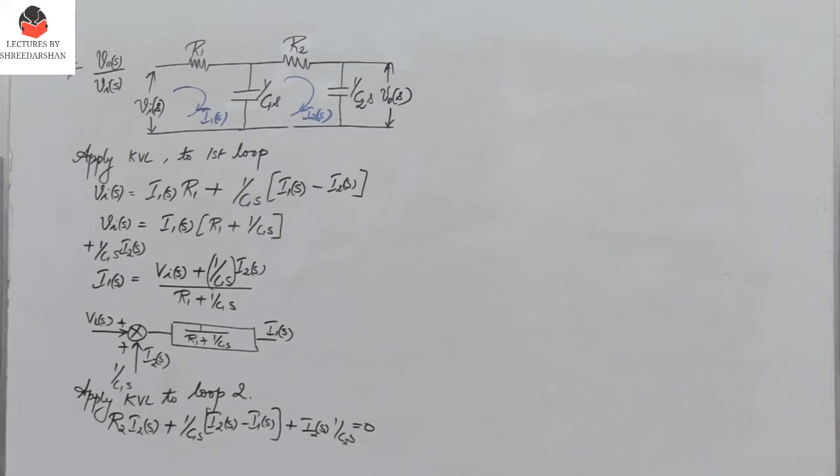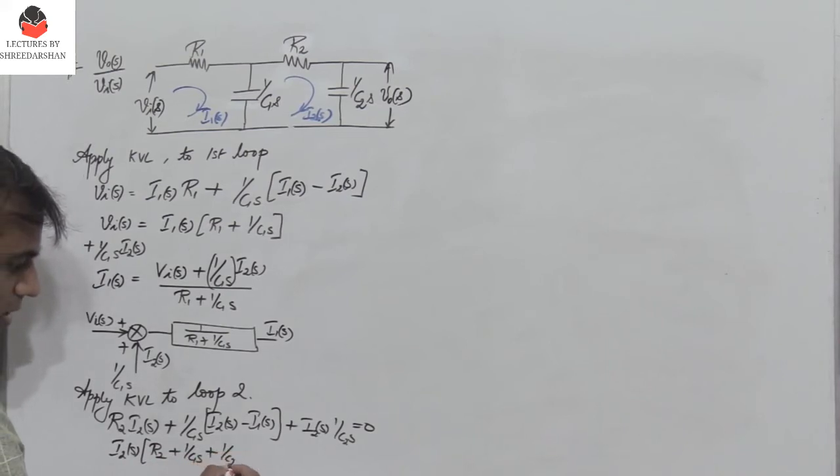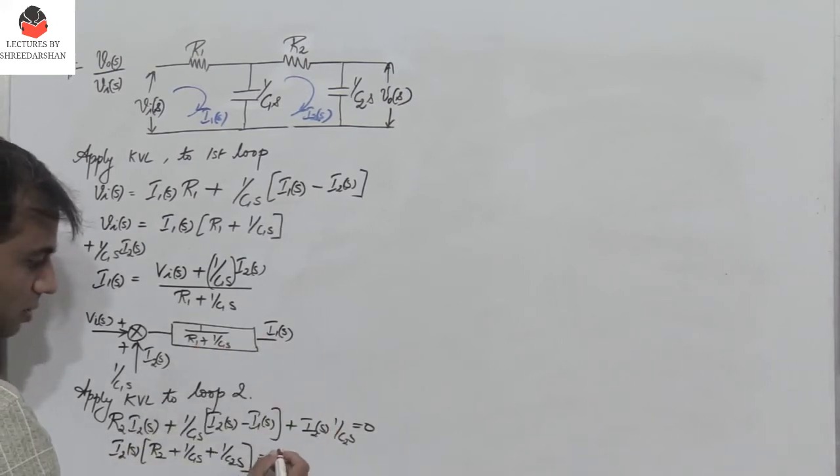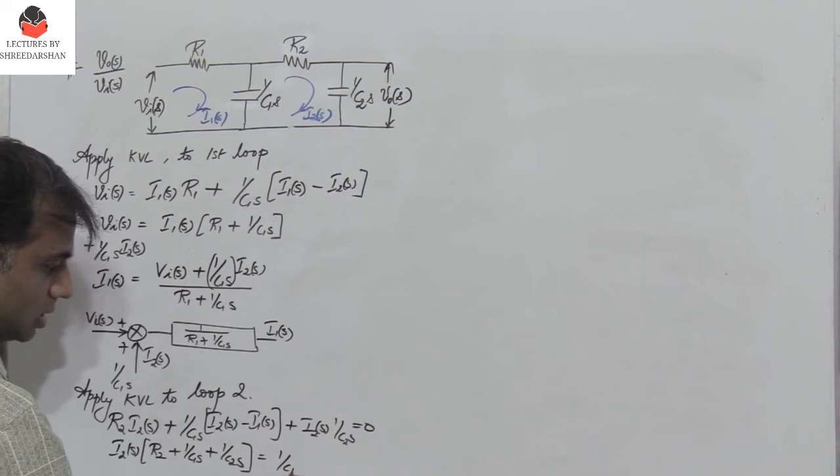Now let me take I2 as the output and I1 as the input. So we have I2 of s into R2 plus 1 by C1s plus 1 by C2s, and I'll take the I1 term to the other side, so it becomes plus 1 by C1s into I1 of s.